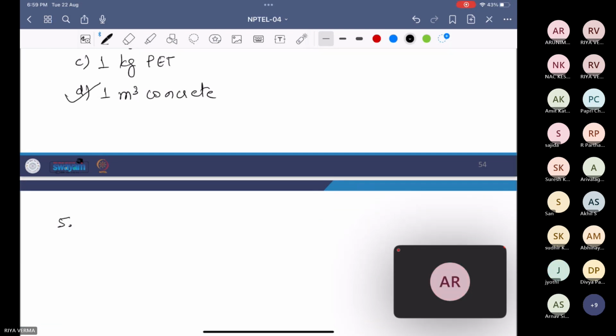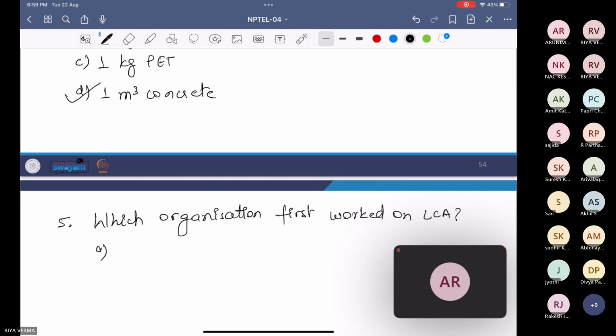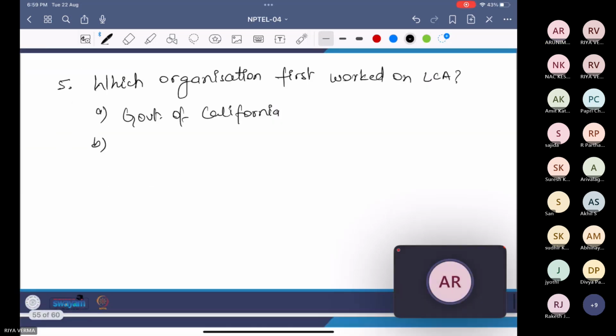Now, the next question is, which organization first worked on LCA? A, Government of California. B is Coca-Cola Company.